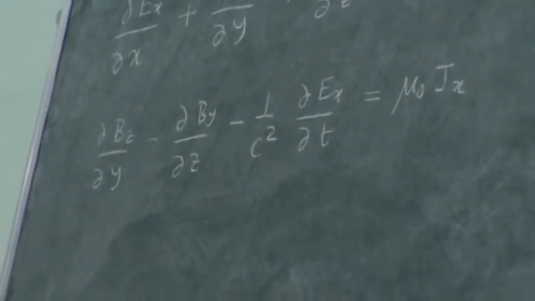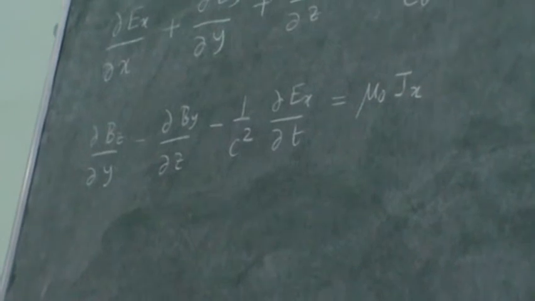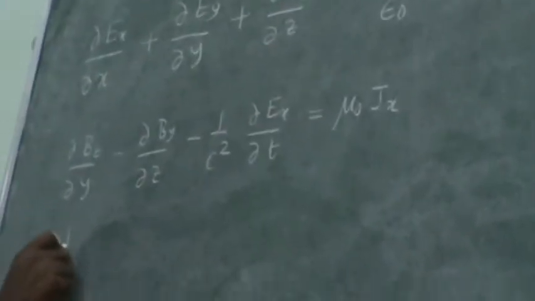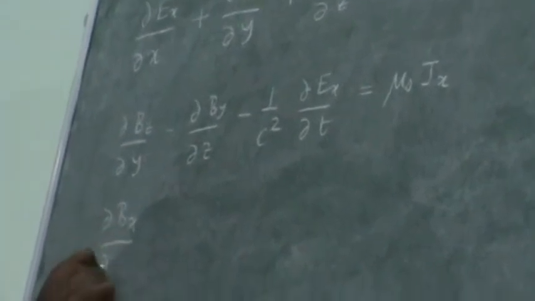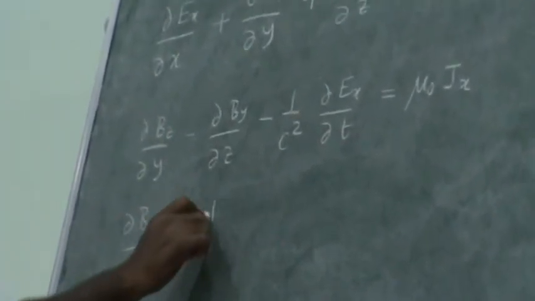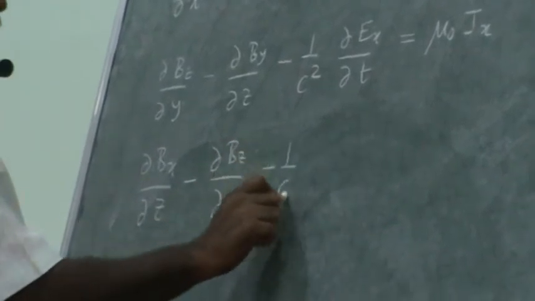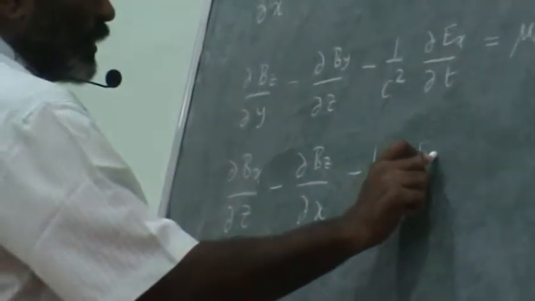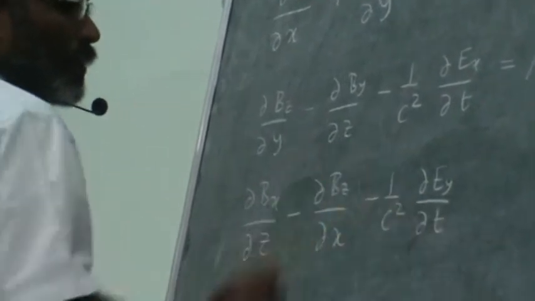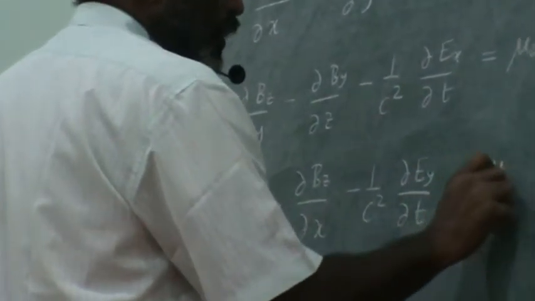Third term is the component of j, which comes with a minus sign, so I write ∂Bx/∂z minus ∂Bz/∂x minus 1 by c square into ∂Ey/∂t is equal to μ0 into jy.